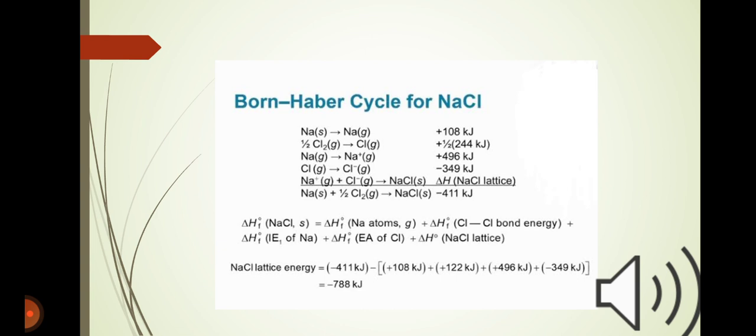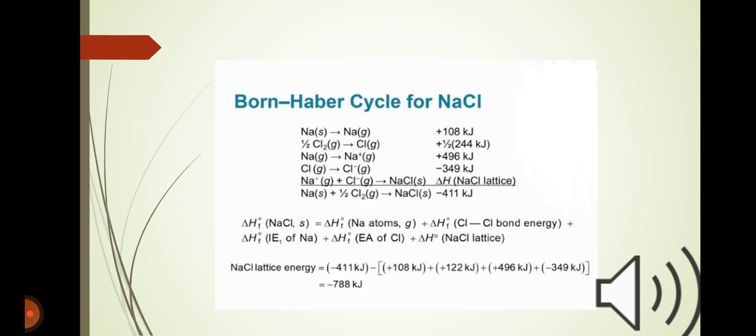So the lattice energy equals minus 411, minus plus 108 kilojoule, which is for converting solid sodium into gaseous sodium, minus plus 122 kilojoule, minus plus 496 kilojoule, which is the energy to convert gaseous sodium atom into ion, and minus minus 349 kilojoule, which is for converting gaseous chlorine atom into chloride ion.